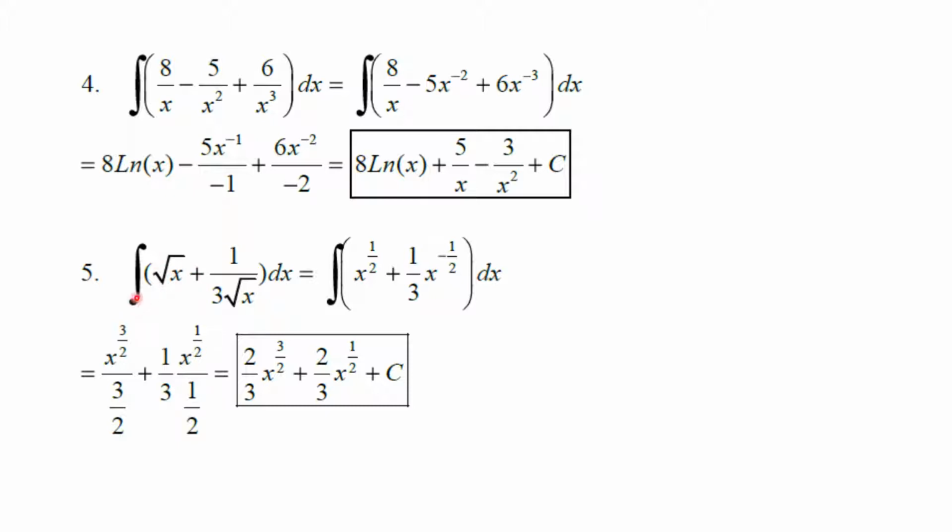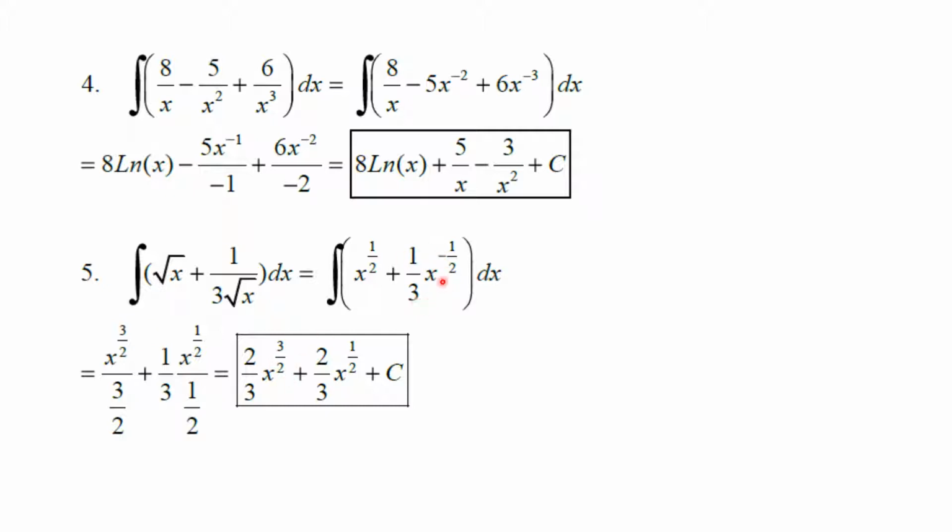When you have surds, please write it in linear form first, as in change the surd to a number index. So x to the power of half, 1 over 3 multiplied by x to the power of negative half. This is basics of index law applied here, and then you can integrate. So x to the power of 1 over 2 plus 1 will result in 3 over 2, divided by 3 over 2. So when you divide it, it will flip to 2 over 3 multiplied by x to the power of 3 over 2.